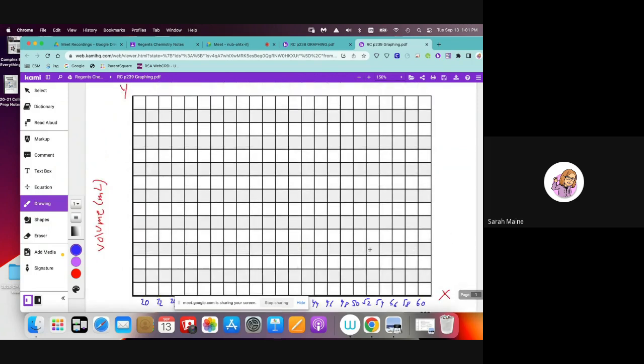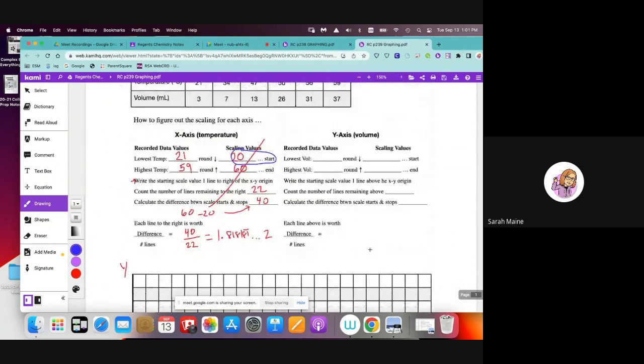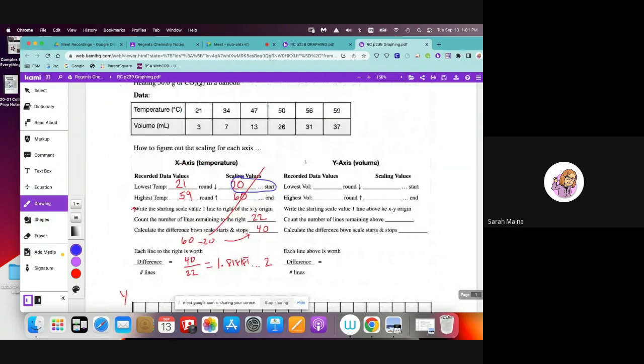Now I'm going to do a similar procedure, but for the y-axis data. My y-axis is the volume. My lowest volume is 3. I can't start my scaling at 3. Starting it at 2 or 1, I could make it, but it makes it a little bit hard.